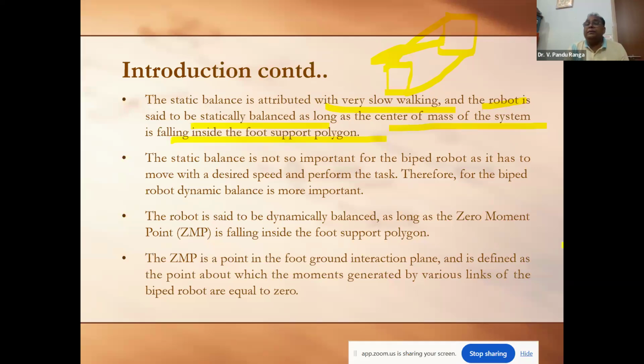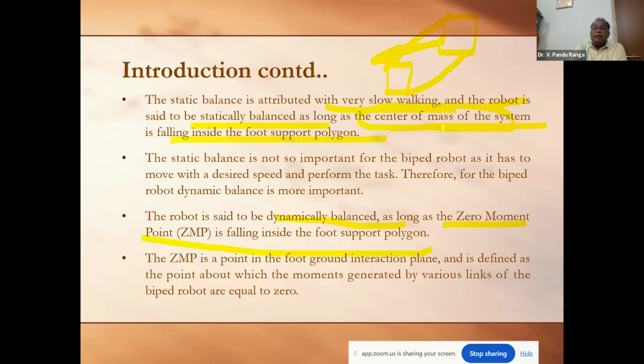So how do we define the dynamic balance of a robot? The robot is said to be dynamically balanced as long as the zero moment point is falling inside the foot support polygon. In the earlier case, when the robot is said to be statically balanced, we talk about the center of mass of the system.